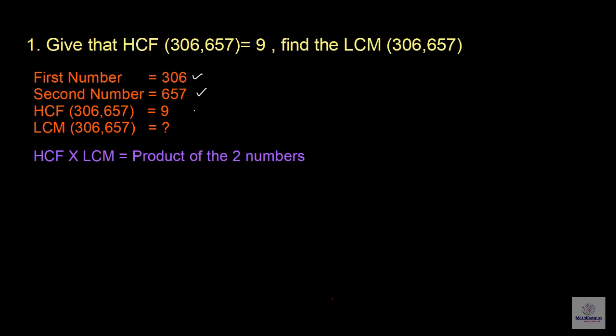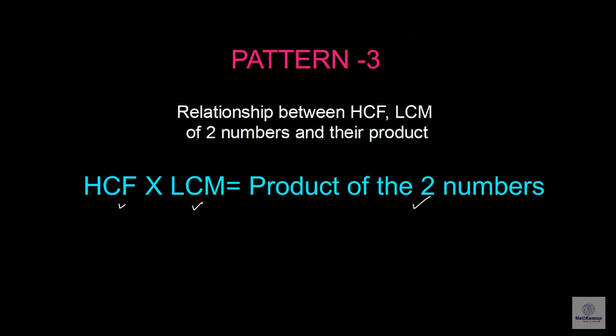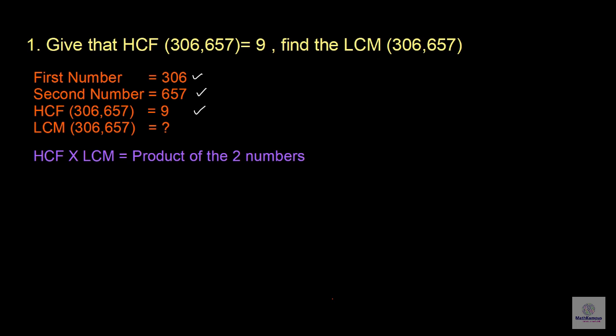HCF of the two numbers is 9. இப்போ LCM கேட்டிருக்காங்க. The relationship between the four attributes LCM, HCF and the two numbers is HCF into LCM equal to product of the two numbers.